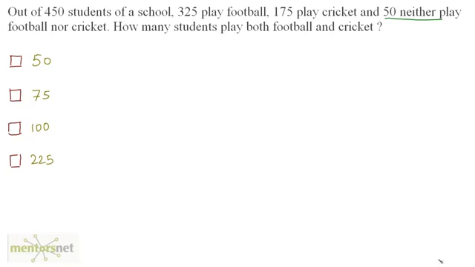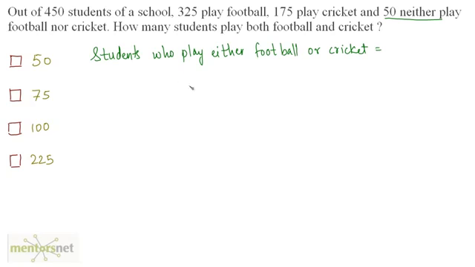So I can say that the students who play either football or cricket are equal to the total number of students minus the people who don't play. So 450 minus 50. So that is 400 students who play at least football or cricket.